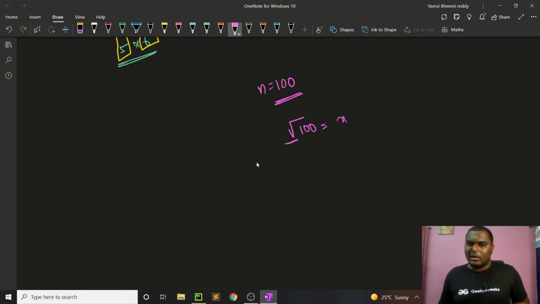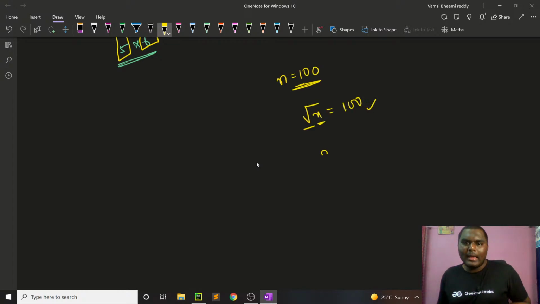If you transfer this square root to the right hand side, then x is equal to 100 power by 2, right?